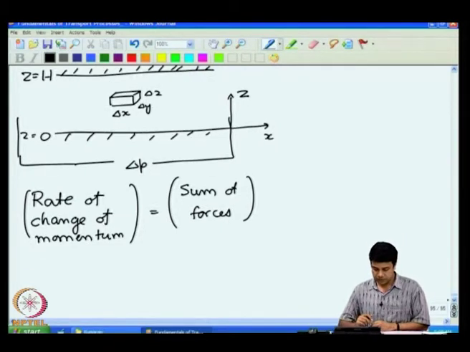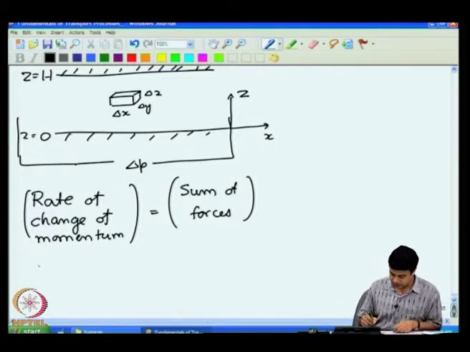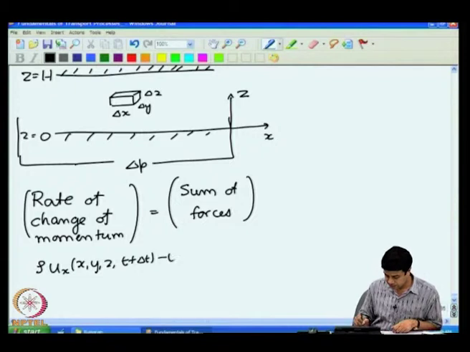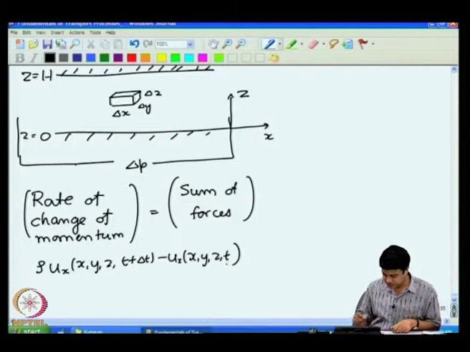The rate of change of momentum within this differential volume is given by rho ux at x, y, z, t plus delta t minus ux at x, y, z, t.